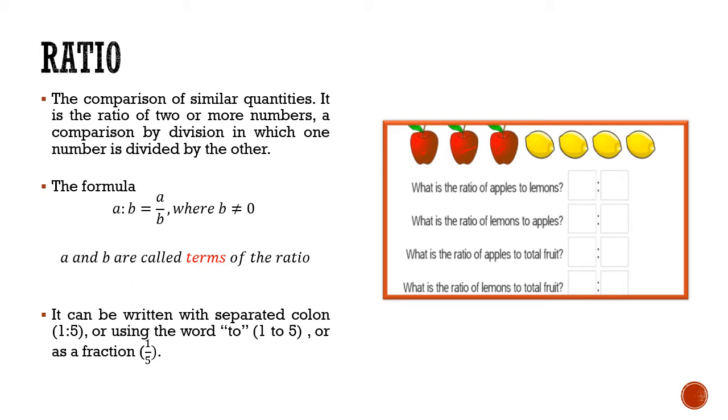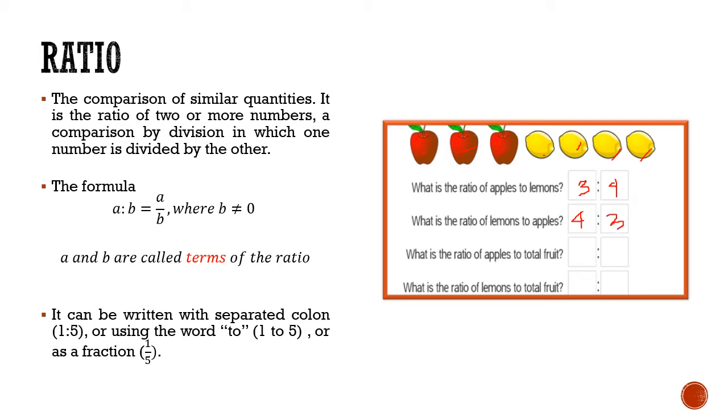So we have 3 apples. To lemons. So we have 1, 2, 3, 4. We have 4 lemons. So dito naman, what is the ratio of lemons to apples? So lemon muna. So we have 4 lemons to 3 apples.